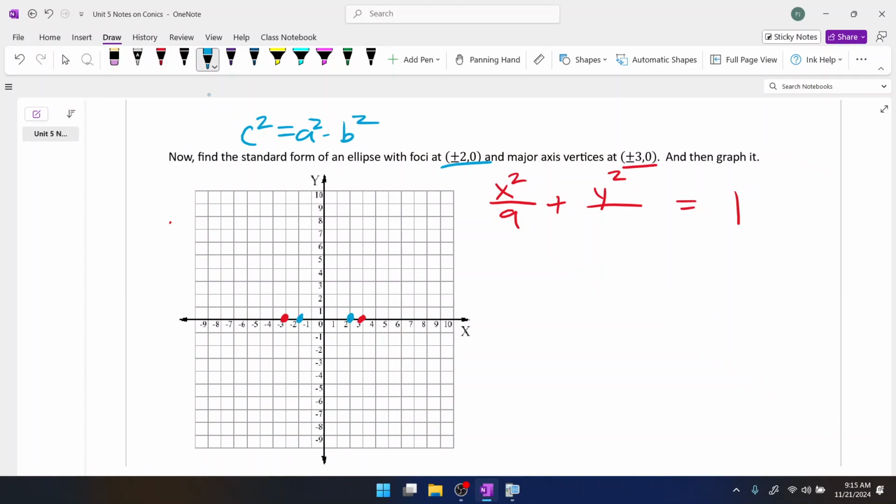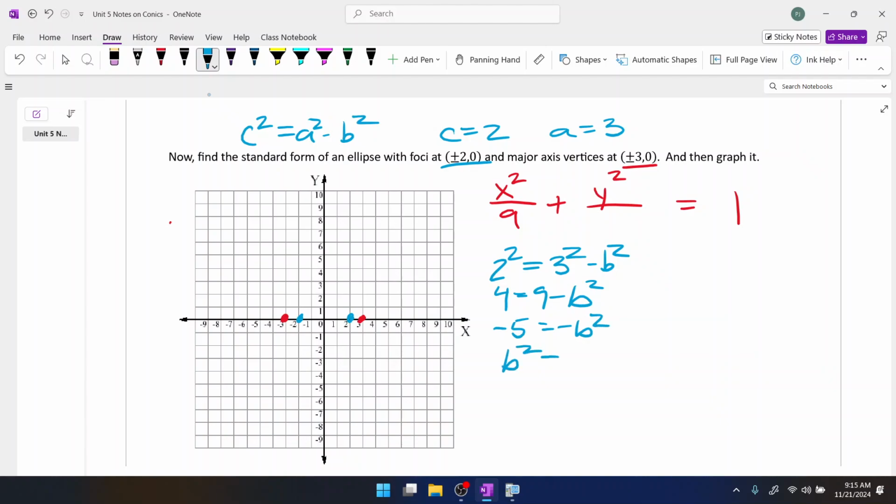Your c value is 2, your a value is 3. You have 2 squared equal to 3 squared minus b squared. 4 will equal 9 minus b squared. Negative 5 is negative b squared, so b squared is going to be 5. So it's going to be y squared over 5.